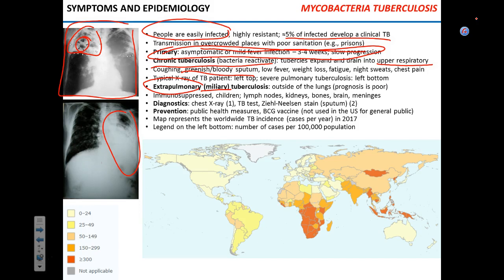From the heart, I don't even have it in the list, but heart tuberculosis causes myocarditis, pericarditis. It very commonly gets into the lymph nodes. That's sort of okay. Also the kidneys, bones and brain. Brain and meninges is practically a death sentence. Same goes for bone tuberculosis.